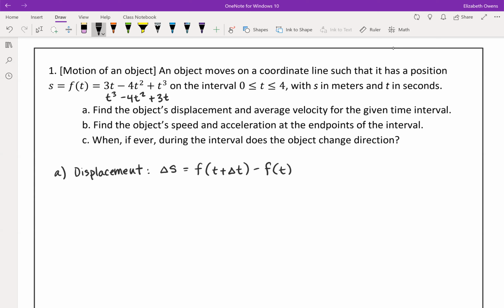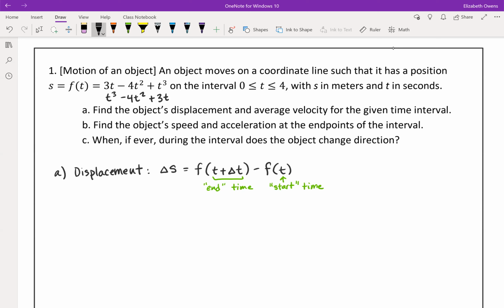But remember what those two inputs of time really meant. This is like the ending or finishing time, and this is just the start time right here. So the overall idea was, where does the object end up minus where did it start. So it's like ending time and starting time.